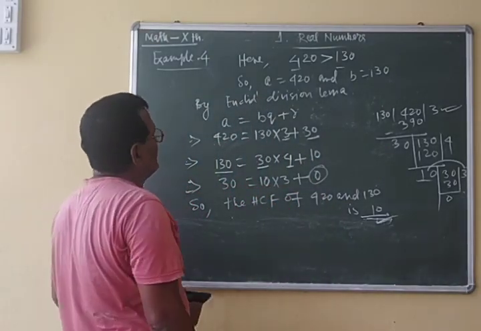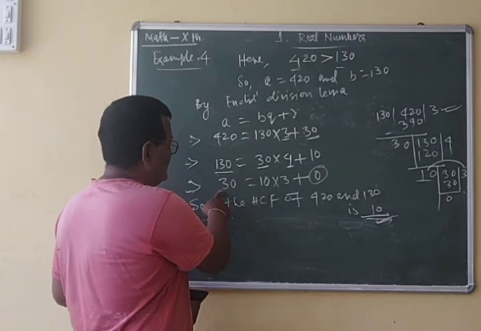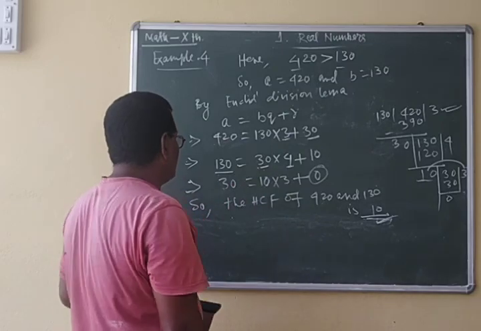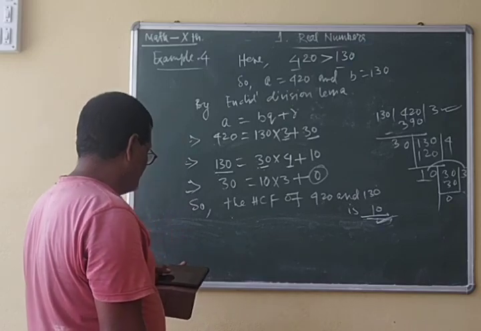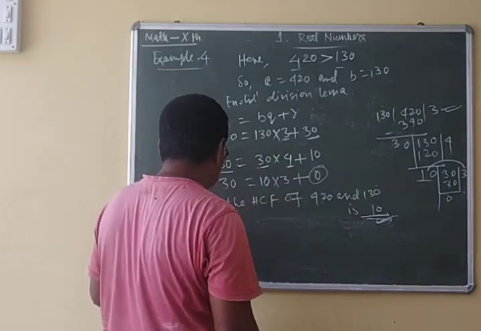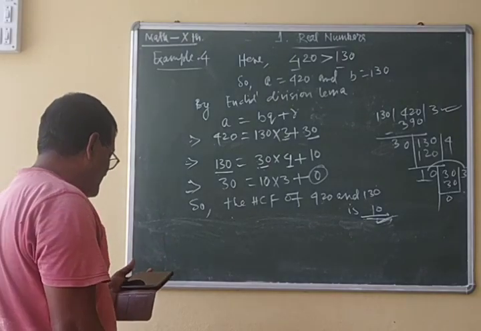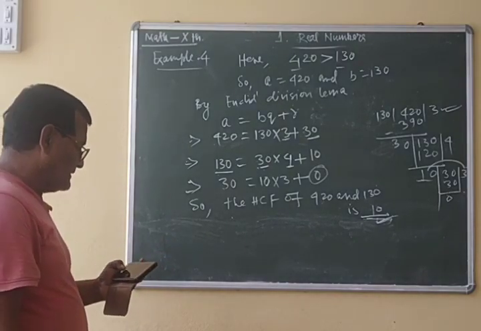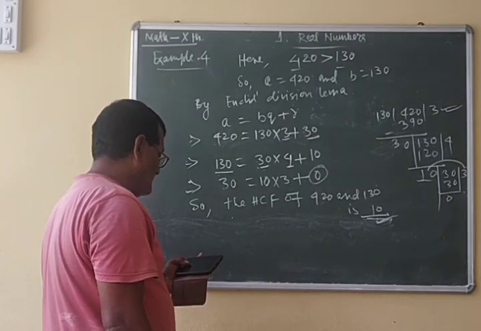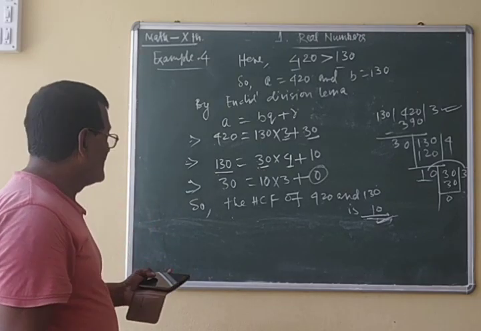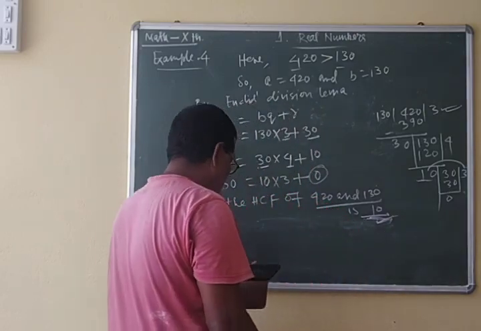Again by using Euclid's division lemma, the new dividend 30 is equal to 10 into 3 plus 0. We have to find the number that can be placed in each stack for this purpose, so we have to find the HCF of 420 and 130.